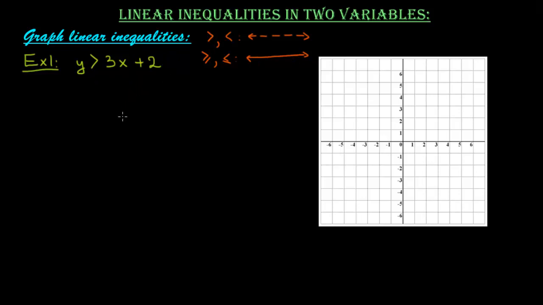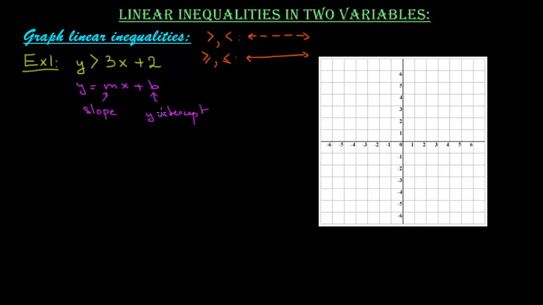It's exactly like graphing an equation. Since this equation is already in slope-intercept form, y equals mx plus b, with m as the slope and b as the y-intercept.